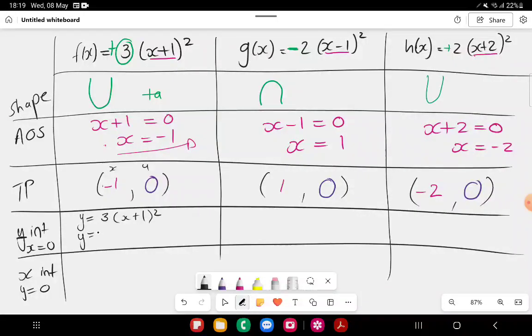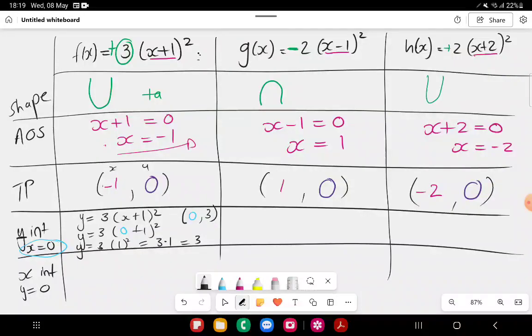So y is equal to 3(0 plus 1) squared. 0 plus 1 is 1, 1 squared is 1, which is 3 times 1, which is 3. So our y-intercept here is, when x is 0, y is going to be 3.